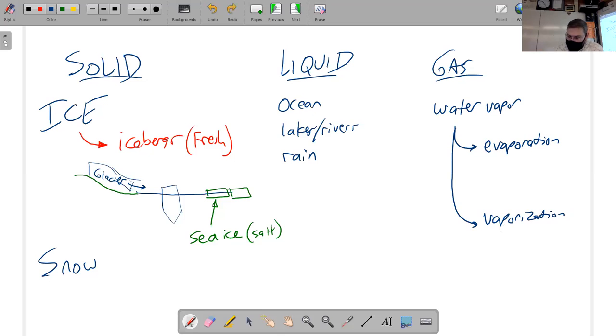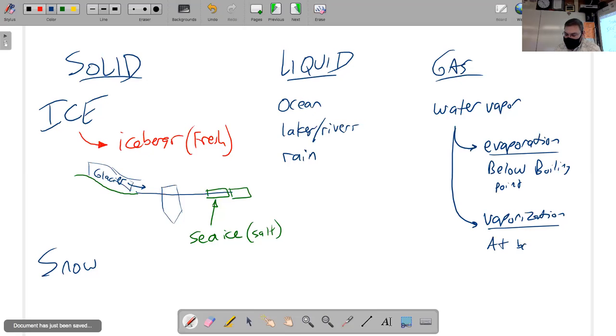Evaporation is whenever water changes from the liquid phase to the gas phase at temperatures below the boiling point. This happens below the boiling point. But vaporization happens at the boiling point.